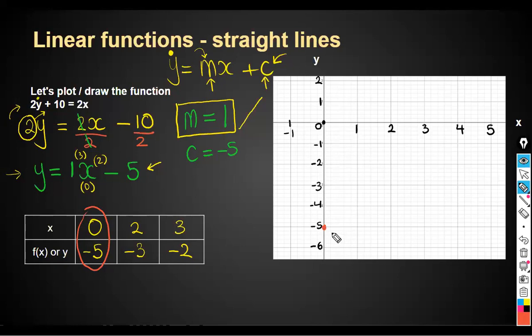That's somewhere down here. The next point is 2, minus 3. 2 on the x, and you go down to minus 3 on the y. And the last point, 3, minus 2. 3 on the x, and you go down to minus 2 on the y.